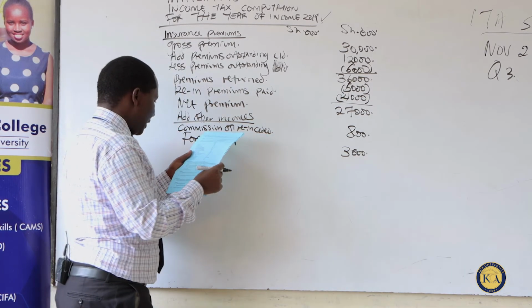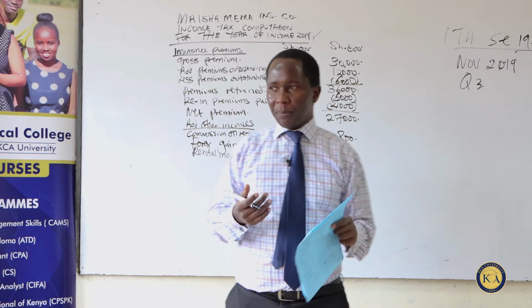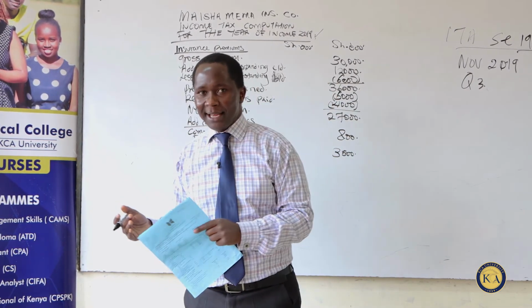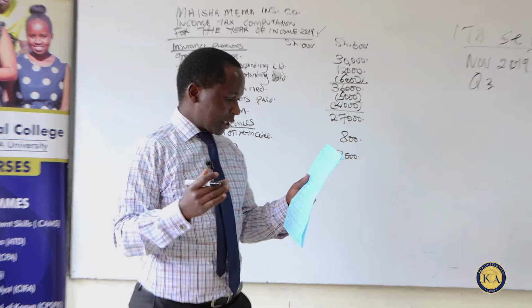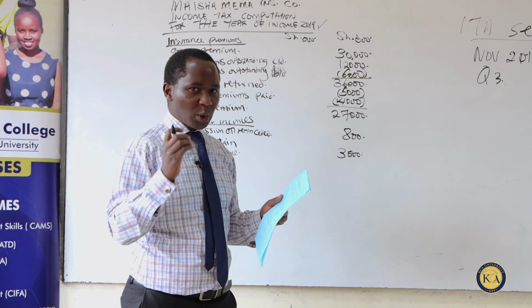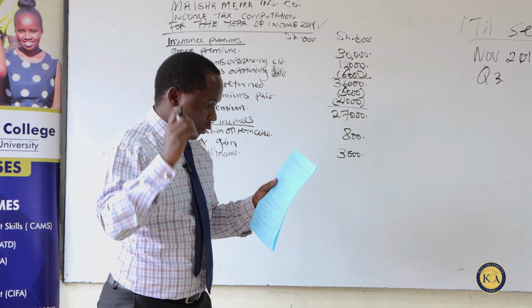Then the next one is a rental income. See what the examiner tells us, that this rental income is from commercial premises, because if it was rental income from residential premises, then it would be subject to a different tax that we call MRI. And the examiner was keen that we don't start argument of how we treat this. He made it so specific that this is commercial building.